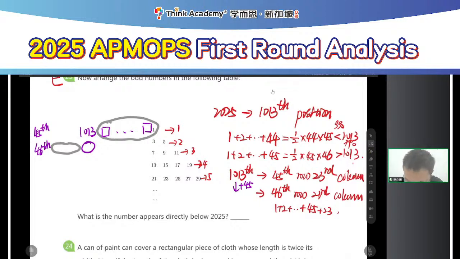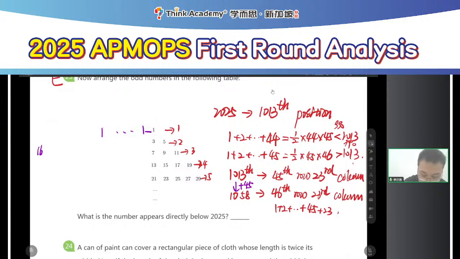So which is 1058. But 1058 is not the answer, because this is the 1058th number. And what is the 1058th number? It's the 1058th odd number.